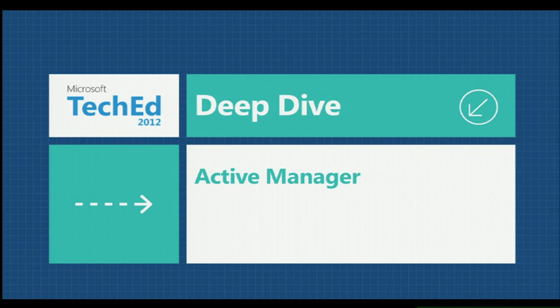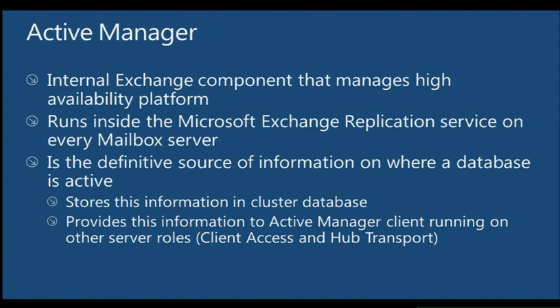Now let's get into the brain of high availability, the component known as Active Manager. So for those of you who've implemented a DAG, you know now that we no longer use the cluster resource model. If you open Windows failover cluster, it has no idea that Exchange is even there. We are now, instead of being a cluster-aware application, we are simply a consumer of clustering technologies.